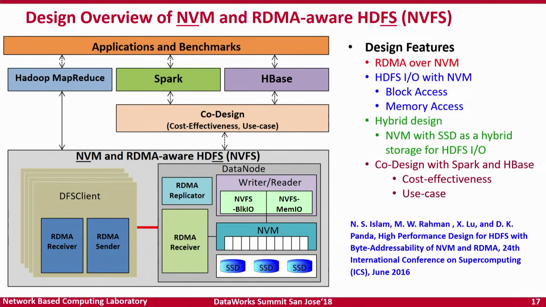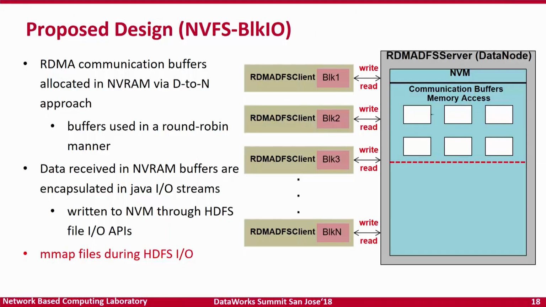So let's take a look at the design that we have proposed here. We proposed two designs. One is using the block API that NVM provides, and the other is using the memory API. In the block design, which is NVFS-BlkIO, we have RDMA communication buffers, which are allocated in NVRAM, and the communication mode is the D2N approach.